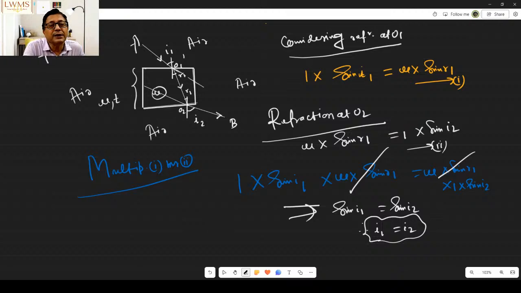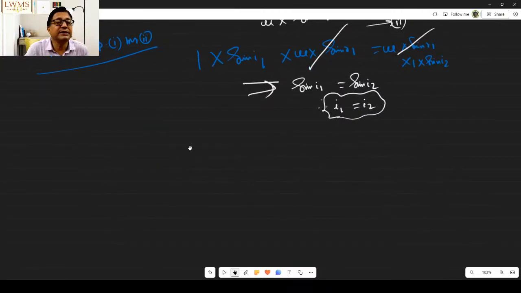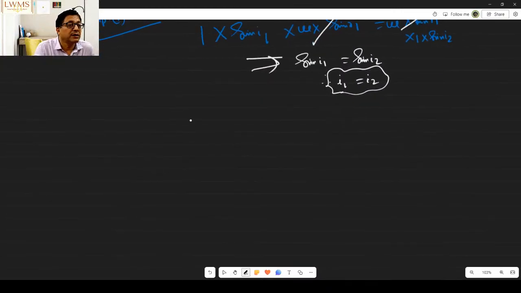Don't you think that these two rays are parallel to each other? Because this I1 will be here also, that is equal to I2. So this ray and this ray have to be parallel to each other. Clear? So what happened to that light ray? The light ray had changed its path. That is called lateral shift.